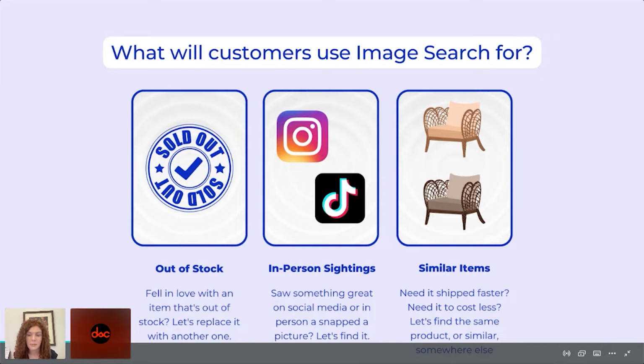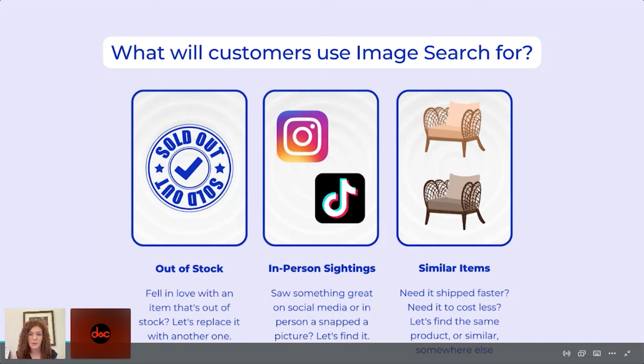Another is similar items. When people are shopping, sometimes they need a product to be delivered in 2 days and the one they're looking at can't come in 2 days. Sometimes they need something that costs less. Sometimes it's not the perfect item and they need something similar. So can we show them a very similar product or the same product that will fit those boundaries and limitations they have?